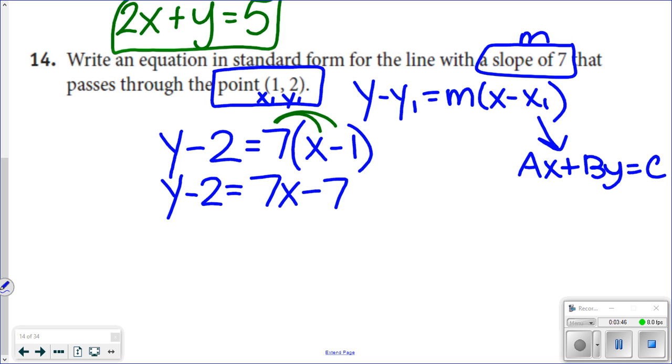What do you think we should do now? Let's add 2. Y equals 7x minus 5.